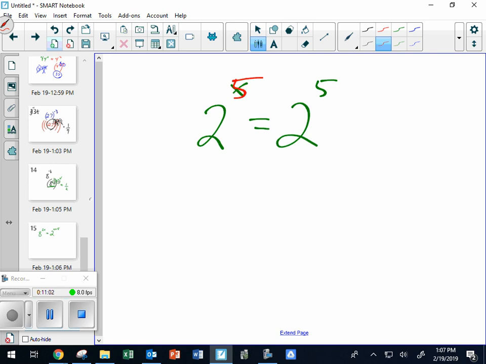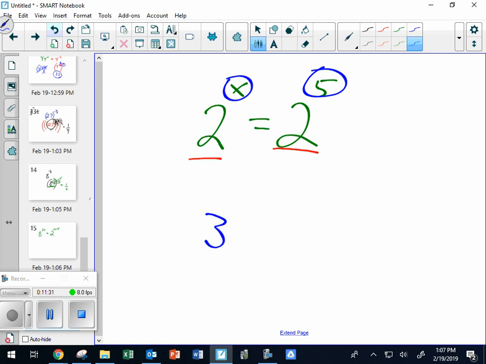A lot of people want a thing you can do to both sides to like solve it. I totally get that. We have something that's called logs, but you don't learn that till the next chapter. You'll see why later, because logs also require you to be really good at fraction exponents. So, how do you solve this? You can think your way through it. If the bases are the same, then the exponents have to be equal.